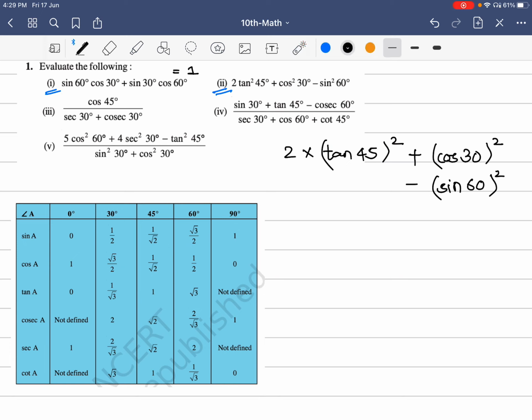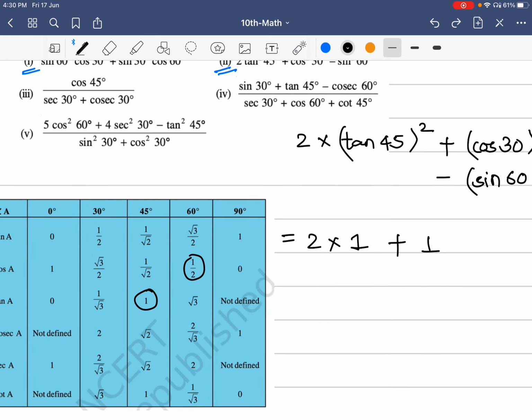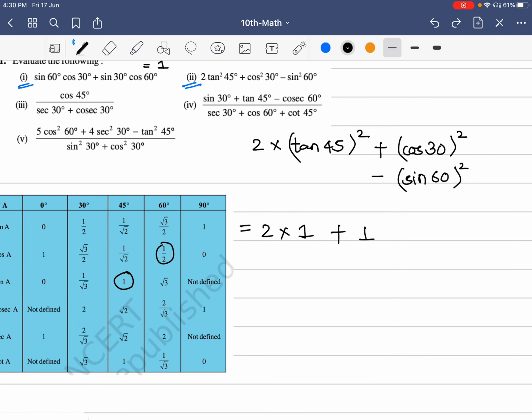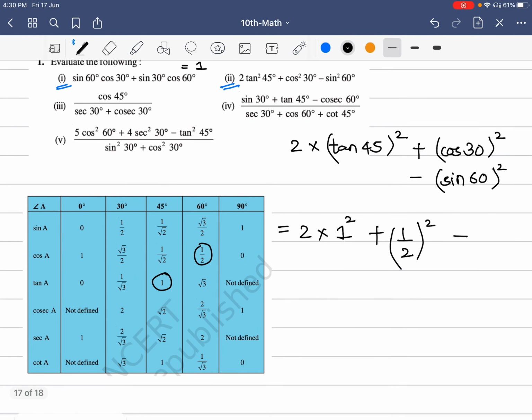Let's insert the values. Tan 45 is 1, so this is equal to 2 into 1 square, plus cos 30, which is root 3 by 2, the whole square. Sorry, it is 2 into 1 square, important, plus cos 60 is half, so it is half the whole square, minus sine of 60, which is root 3 by 2, the whole square.